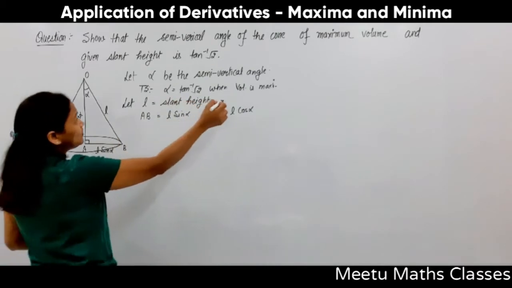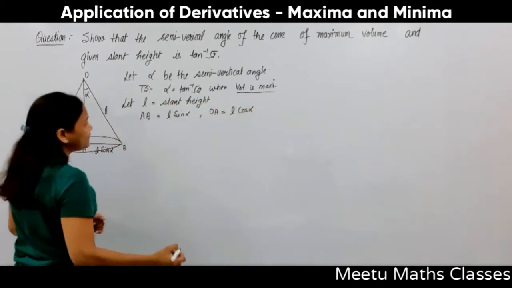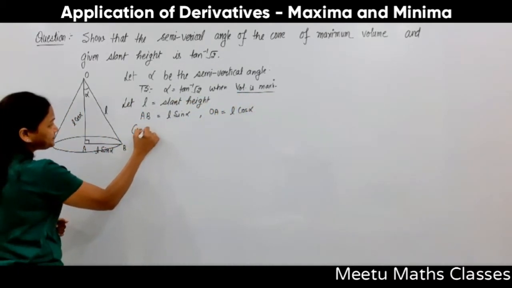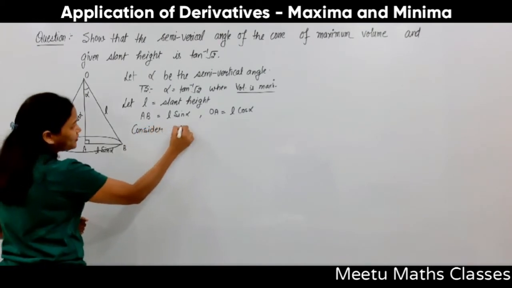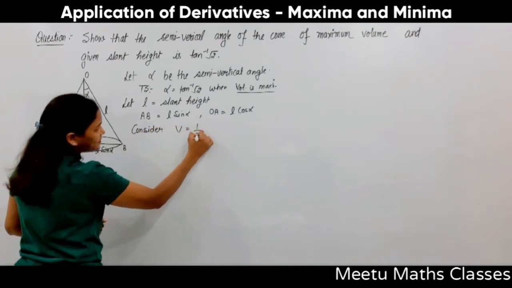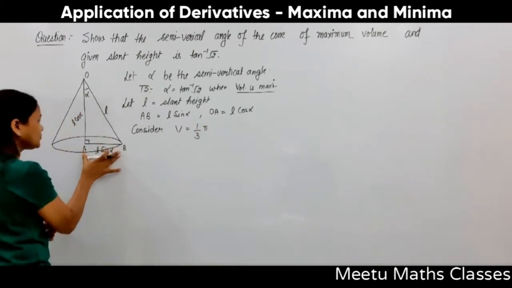Now we are supposed to maximize our volume function. So consider the volume of the cone, which is equal to 1 by 3 pi r square h.